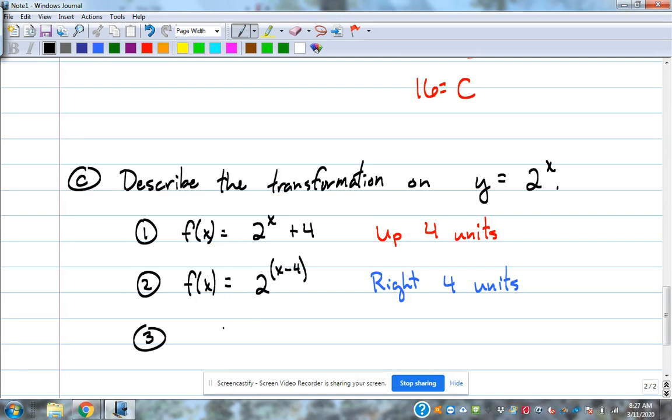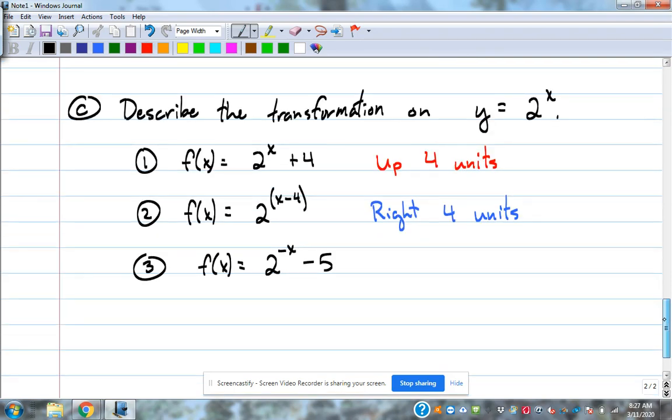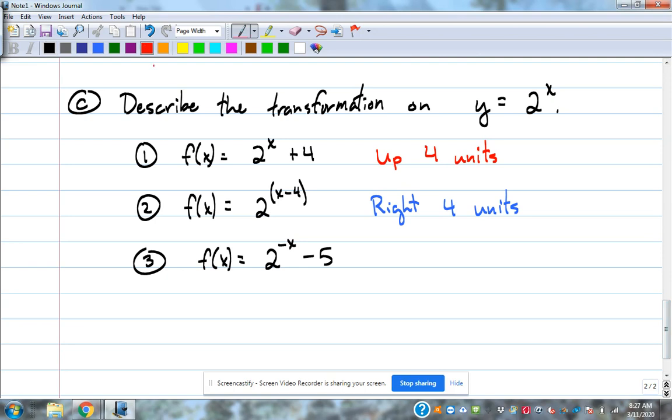Who knows here? Two to the negative x minus 5. Still go down 5, but what else does it do?